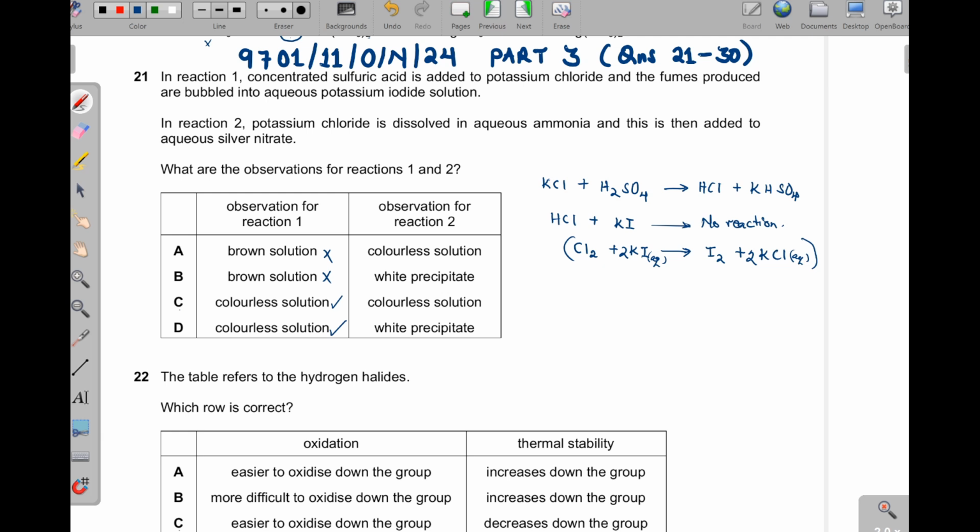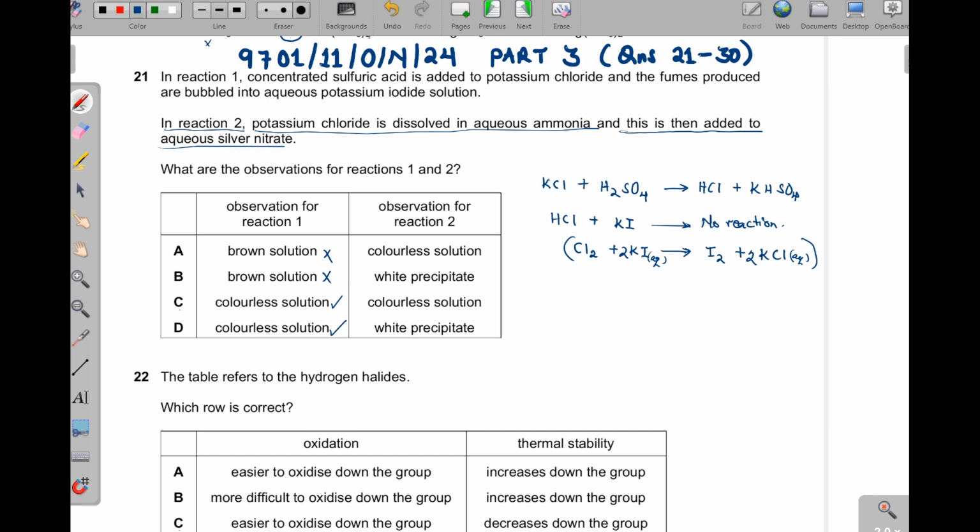Now observation 2, they are saying in reaction 2, potassium chloride is dissolved in aqueous ammonia. We know that chloride actually dissolves in what? Ammonia. And this is then added to aqueous silver nitrate.